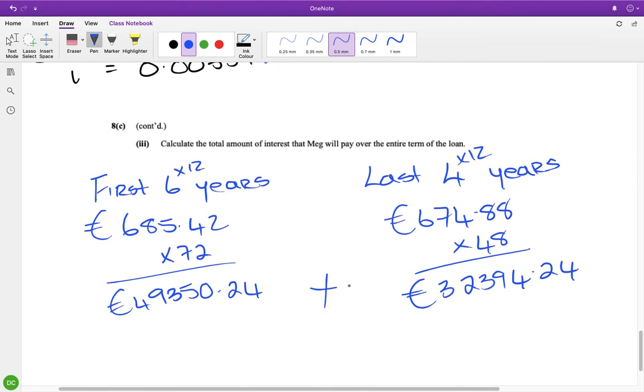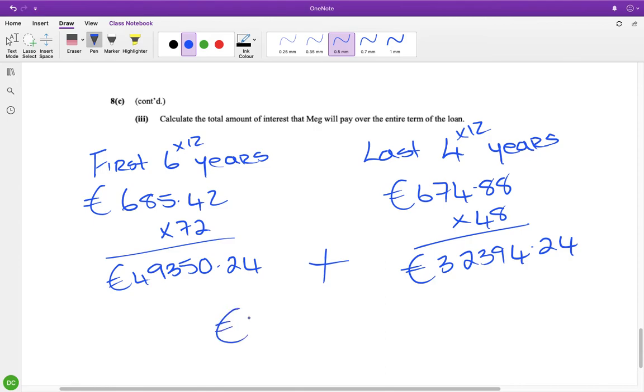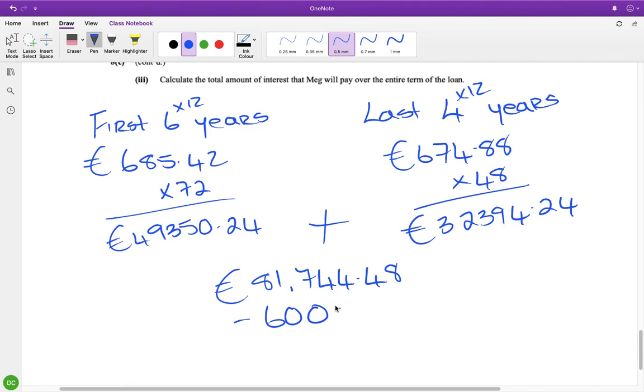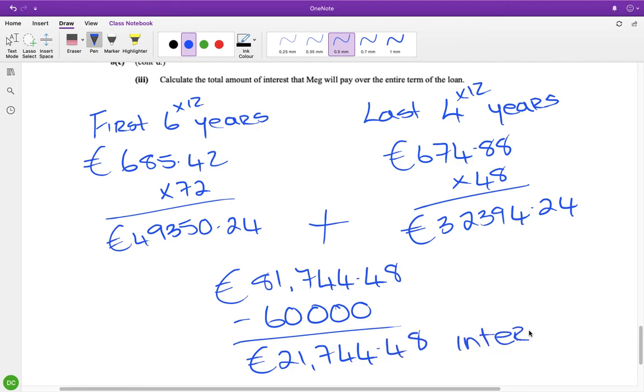So combine them, add them, and you get €81,744.48. The loan was for 60,000, so that means she paid €21,744.48 in interest.